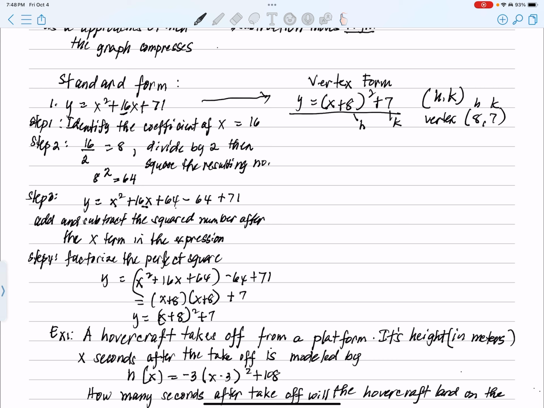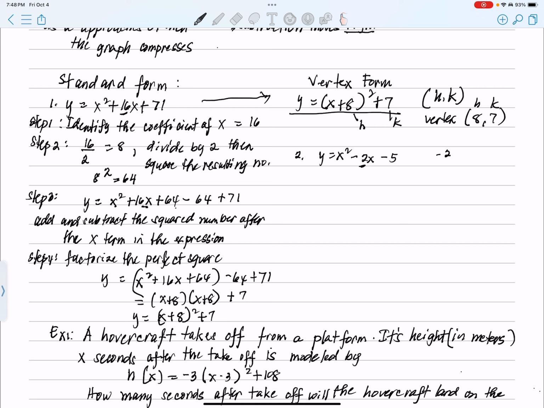We'll have one more. Okay, I'm going to do this. Let's have one more, number 2. y equals x squared minus 2x minus 5. Okay. So what is our first step? It's negative 2, right?